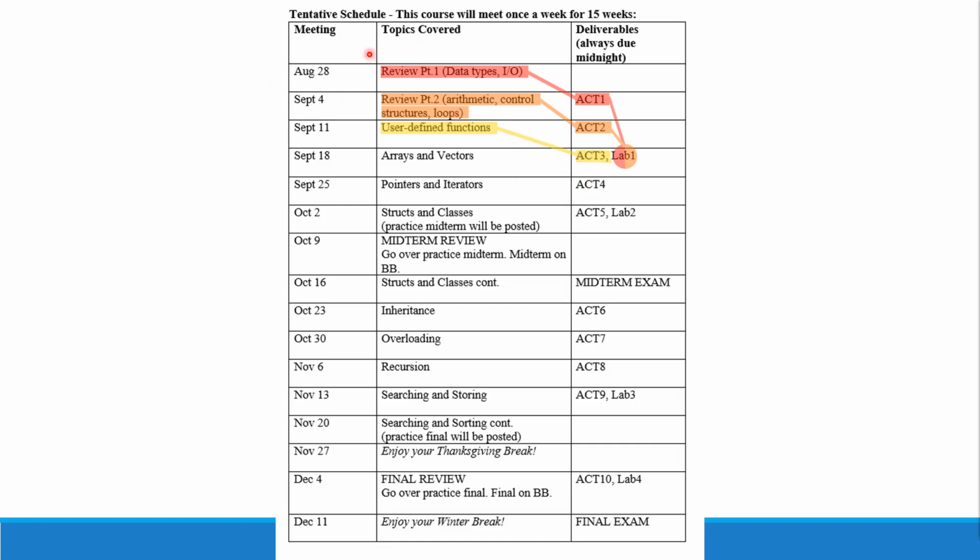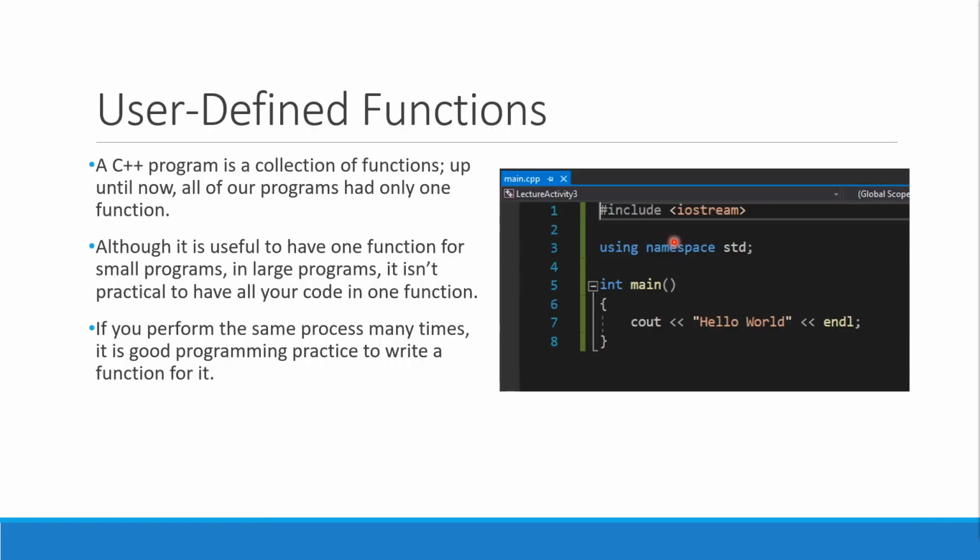When I was building this course structure, I really had to think about the order in which I wanted to teach this material, and I chose user-defined functions first after review, just because I use them so often, especially in upper division courses when I'm coding my projects for my classes. So anyways, let's get into this.